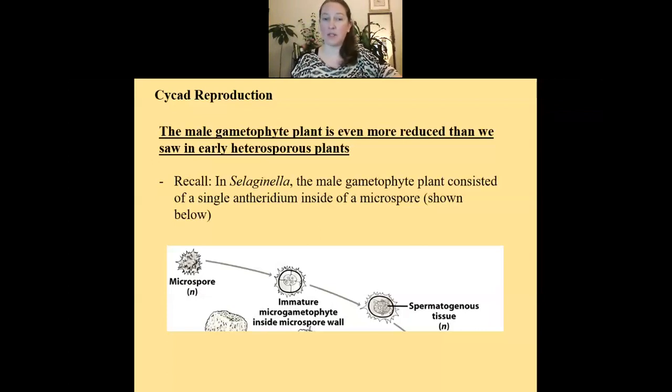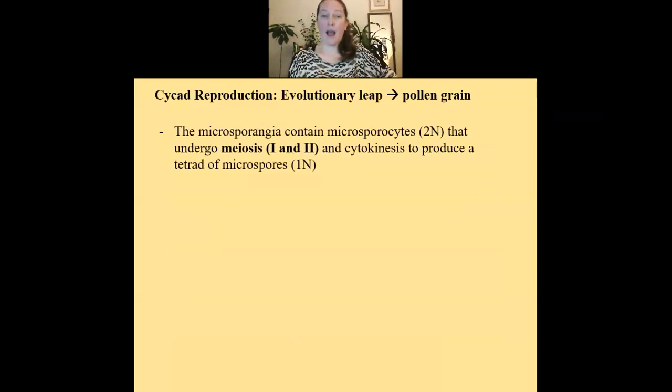That's what we saw when we first learned about the heterosporous plants in Selaginella: a microspore with a single antheridium inside. Now the male gametophyte plant is reduced even further. It's not a whole antheridium inside of a microspore anymore. It's even smaller. So we'll talk a little bit about what that means.